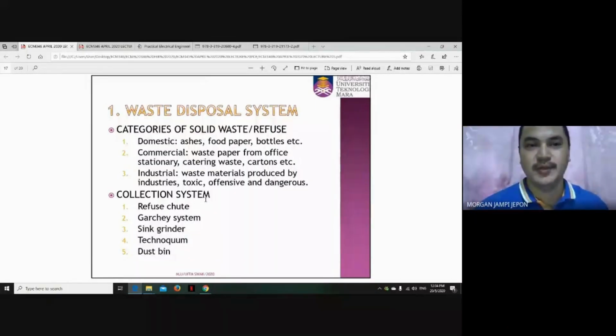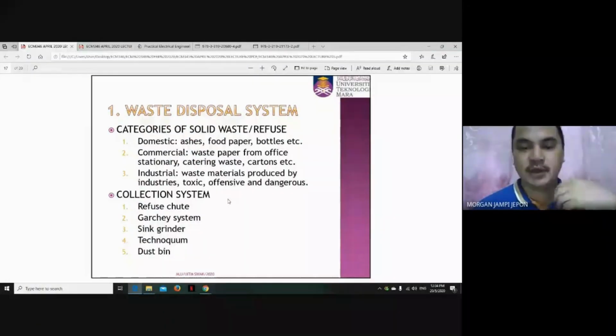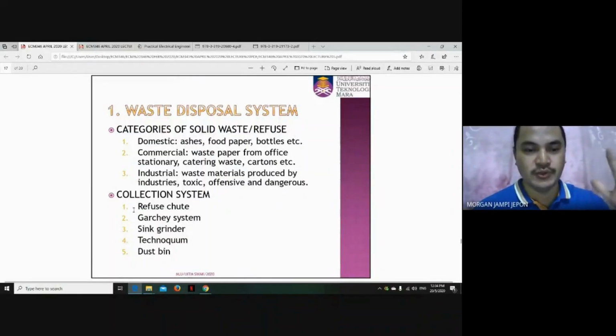So imagine if you are living in a luxury condominium, then it's very inconvenient. So we civil engineers must provide a collection system for the solid waste so that it is very convenient for the occupants. They don't have to go down and up for the purpose of disposing their waste. All they have to do is just go to the collection system on their level.